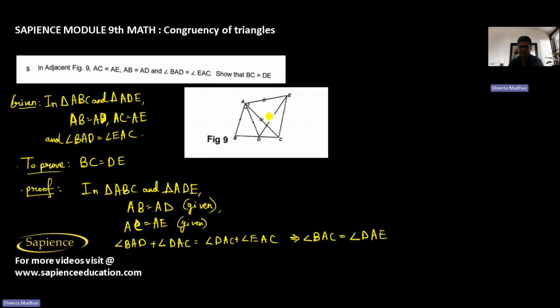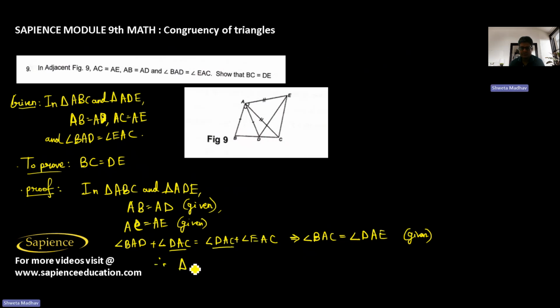So this is the included angle. And here also the reason will be given: since on both sides we have added the same angle.